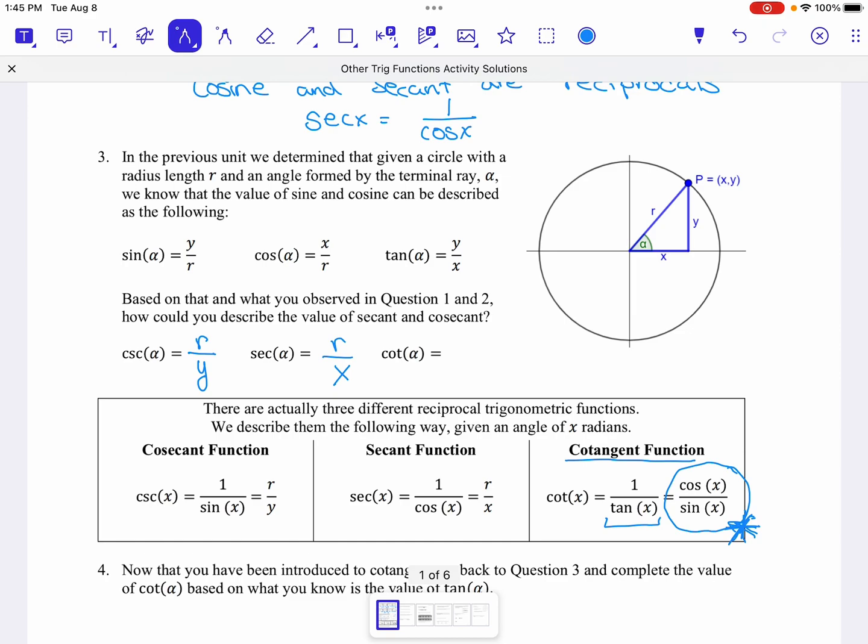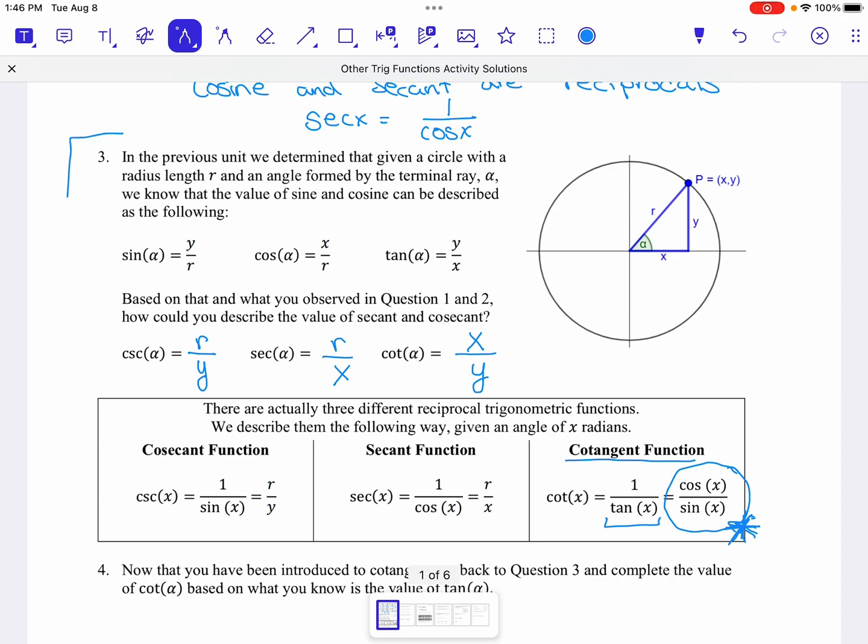Now, we can also think about it on a coordinate plane, because remember, the tangent of an angle tells us the slope of that terminal ray, which would be our y value divided by our x value. So if cotangent is the reciprocal, it's actually going to be our x value over the y value. And that gives us a general introduction.